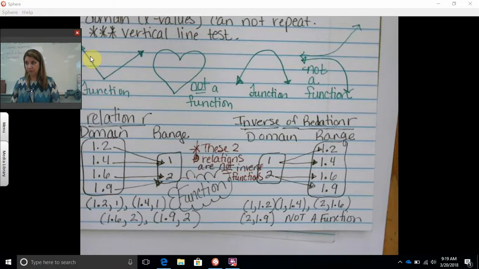All right, page 132. 165. Old book was 132. New book 165.